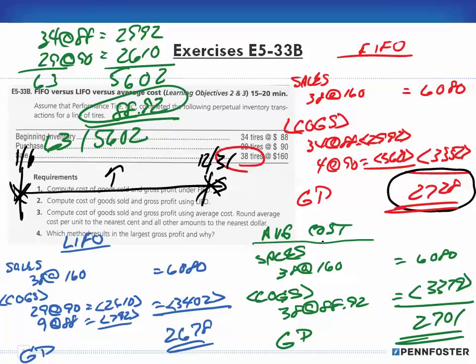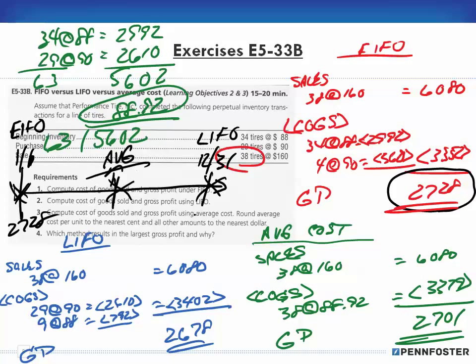And then, of course, average costing is an average. It's someplace in the middle between the two. So this would be LIFO, this would be FIFO, and this is your average cost because you're averaging everything out. As you can see, here I have 2,728 for FIFO, and over here for LIFO I have 2,678.